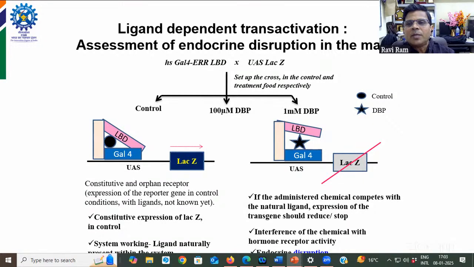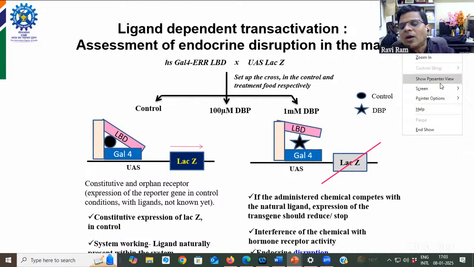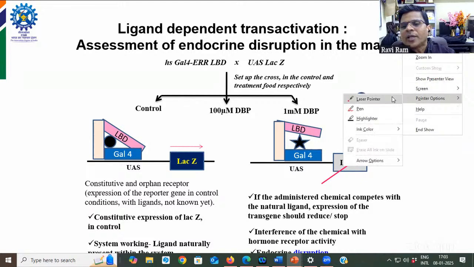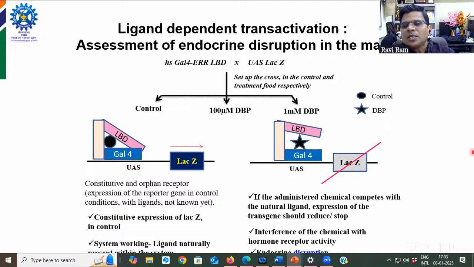The DNA binding domain is referred to as BD. In the case of steroid receptors, there is something called the ligand binding domain, LBD. Without that ligand binding domain, transcription cannot be initiated, because that is where the hormone will bind, and then it will trigger conformational changes in the DNA binding domain to initiate the transcription.